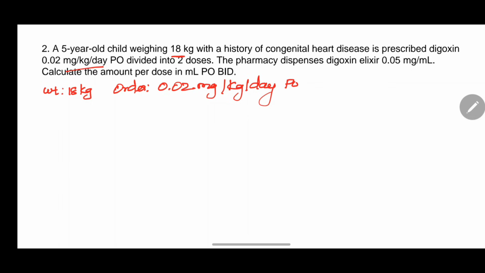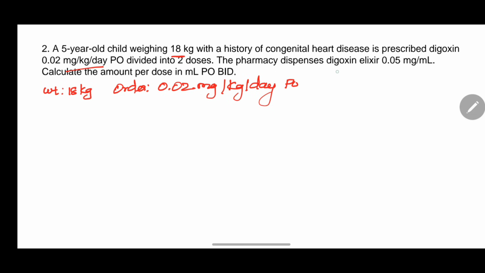It is divided into 2 doses, so BD dose it is. Per day the patient has to take 0.02 milligram per kg, but we have to divide it into 2, because half the dose should be taken in the morning and half in the evening.